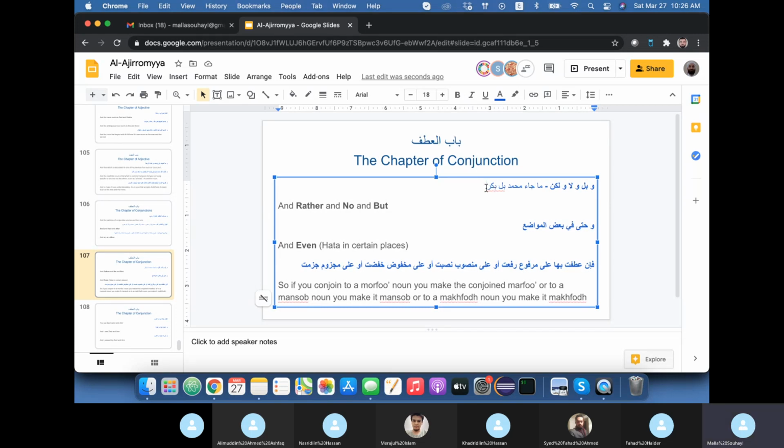So what you're saying here is you're affirming the coming of Bakr. But you are not necessarily negating the coming of Muhammad. You are simply saying that what you may have thought, that Muhammad came, but rather it was Bakr.